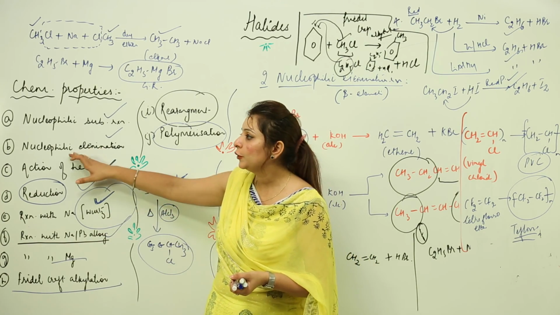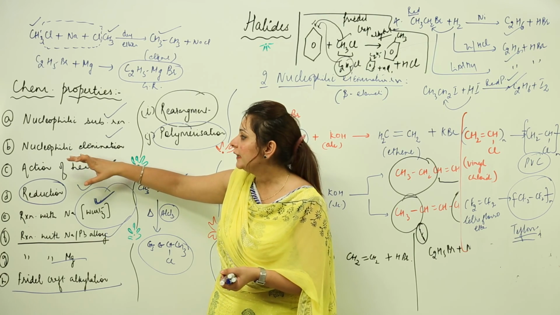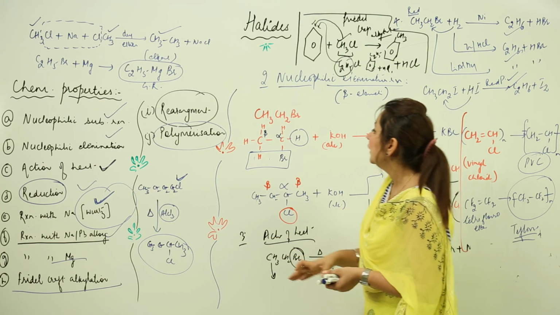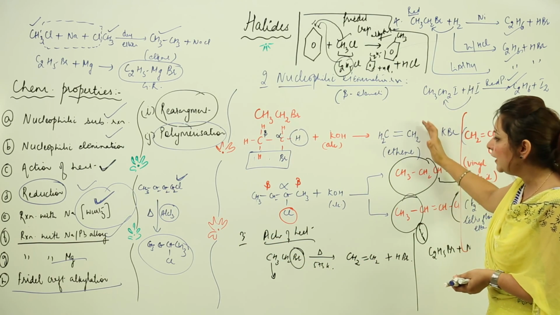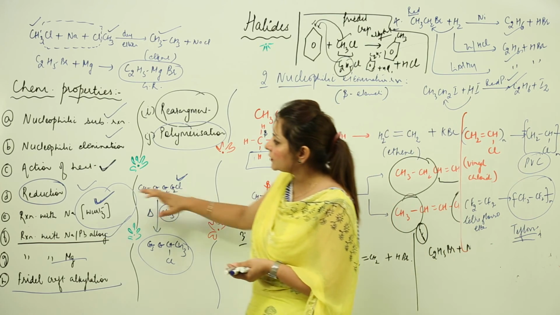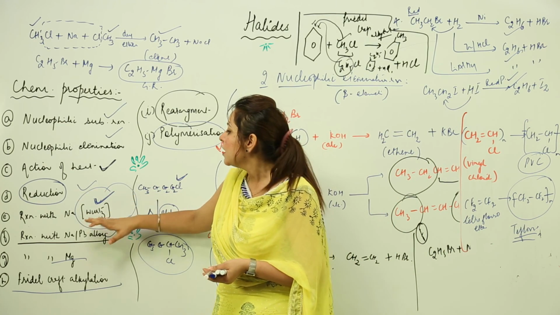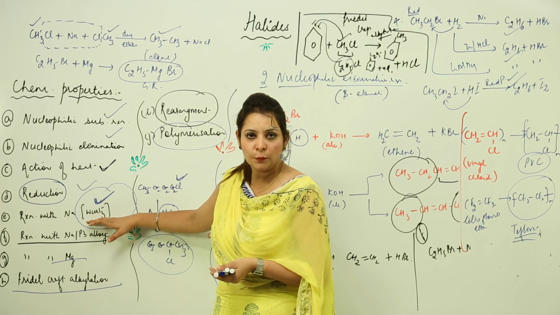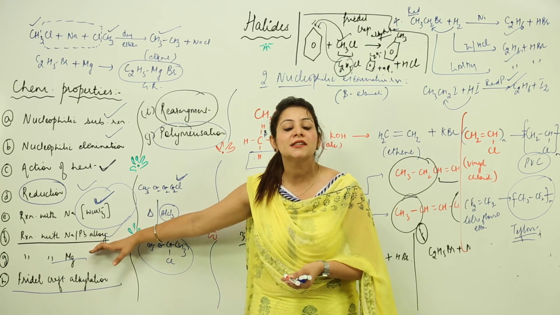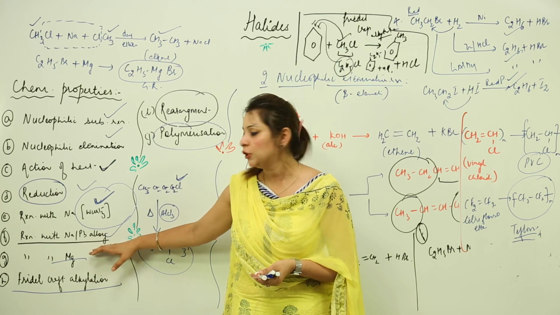When we looked at elimination, we saw that alkenes were formed. With reduction we obtained alkanes, with the Wurtz reaction again alkanes. With sodium-lead alloy we obtained a popular compound, tetraethyl lead, used as an anti-knocking agent.